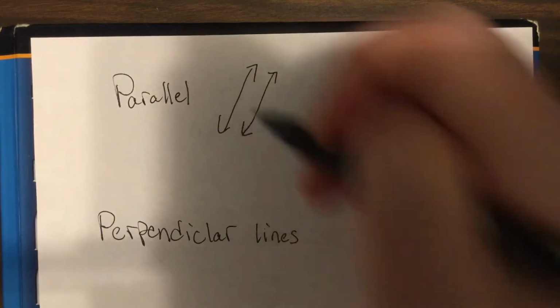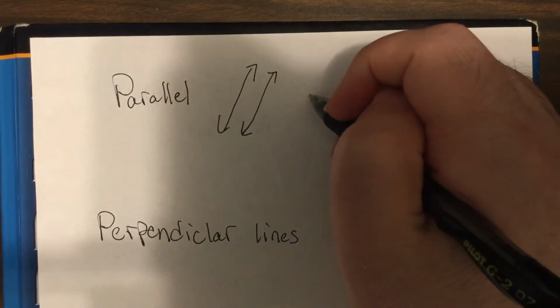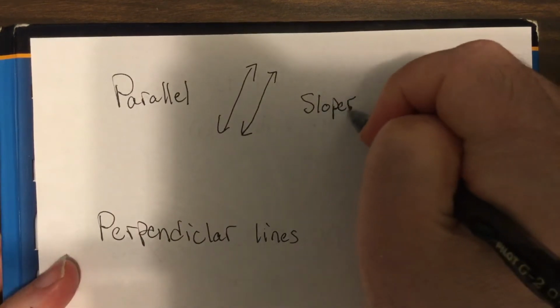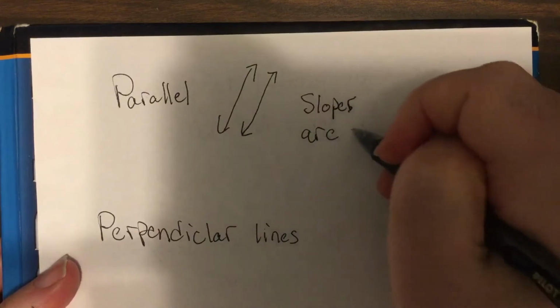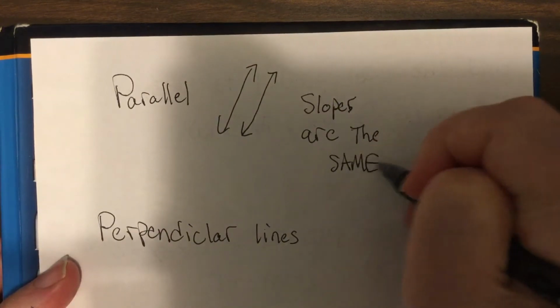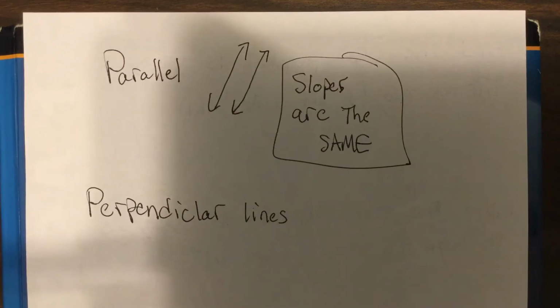So what do you think has to be true about two lines that don't intersect in their slope? Well, hopefully you see that the slopes are the same. So if one line has slope 7, its parallel line has to have slope 7.